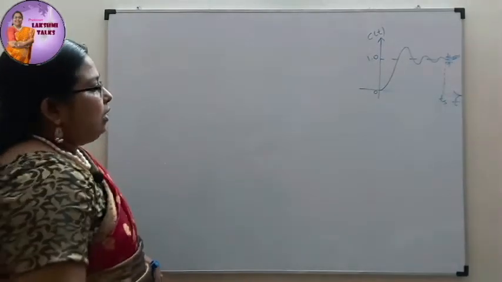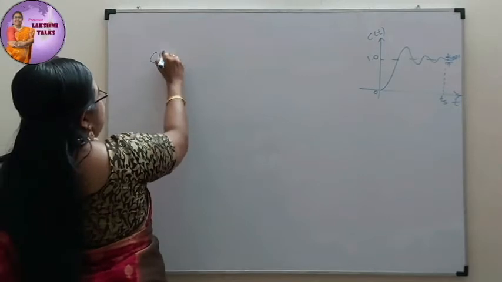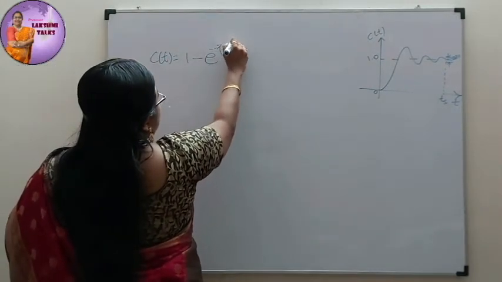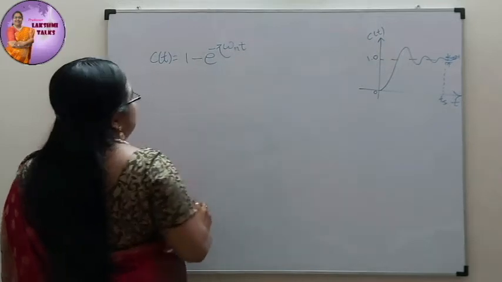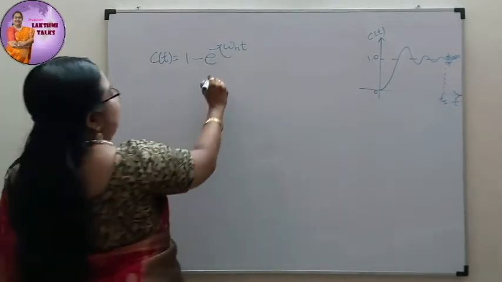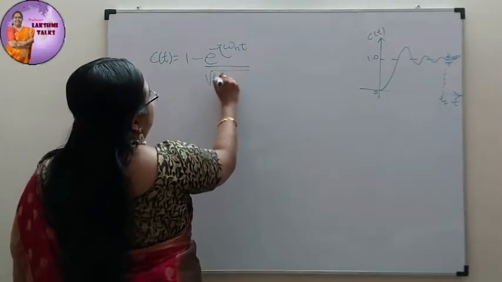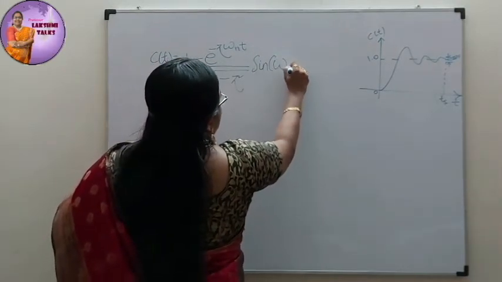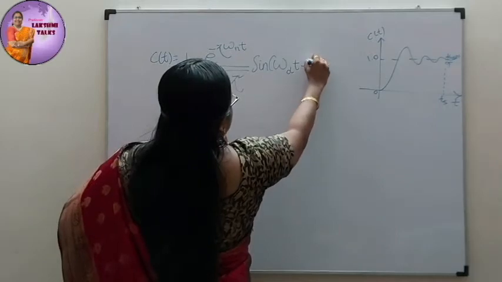Okay, so we know that the response for a second order underdamped system is given by 1 minus e power minus zeta omega n t by root of 1 minus zeta square into sine of omega d t plus phi.